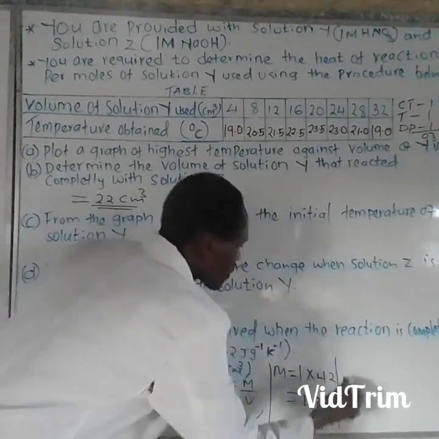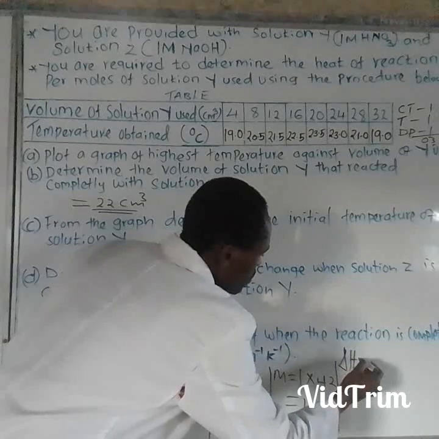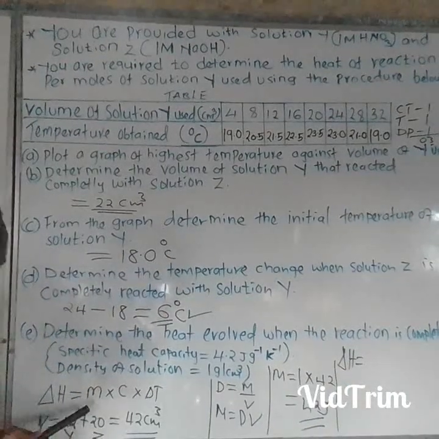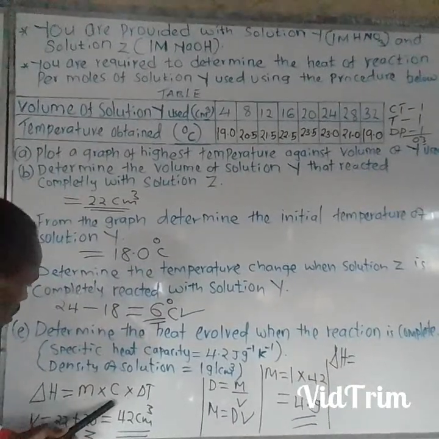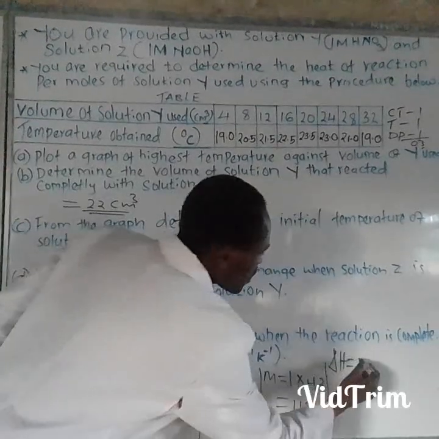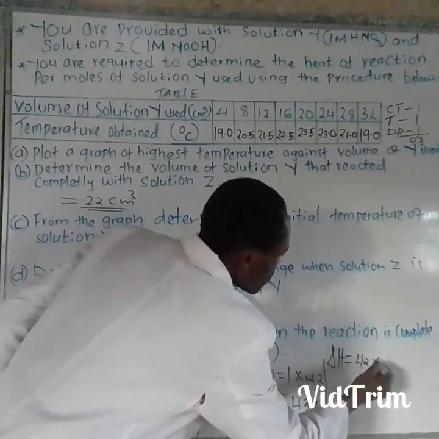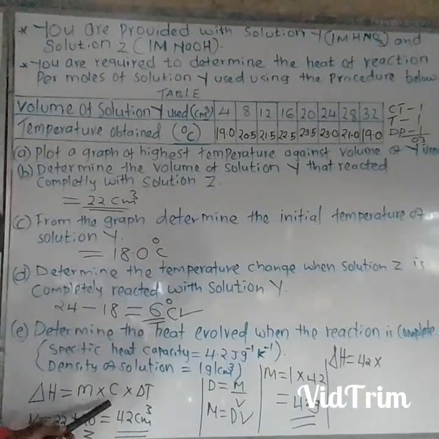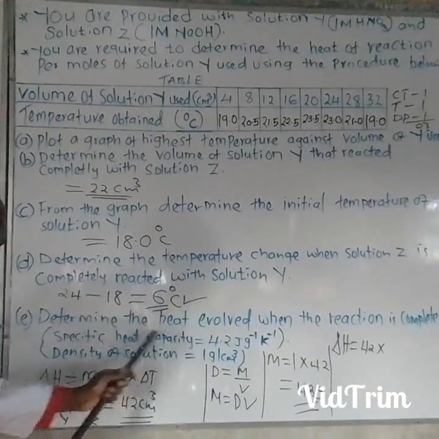Then finally, enthalpy change or heat of a reaction is given by mass times specific heat capacity times change in temperature. What is our mass? 42 grams. What is our specific heat capacity?